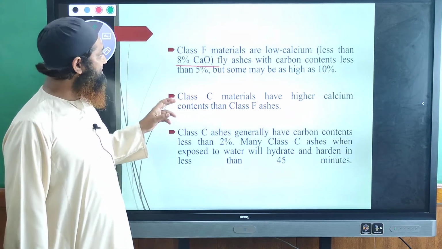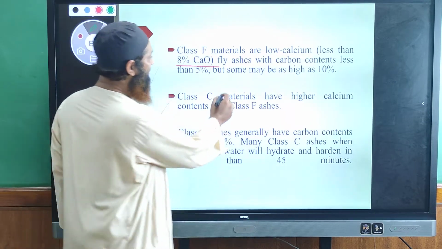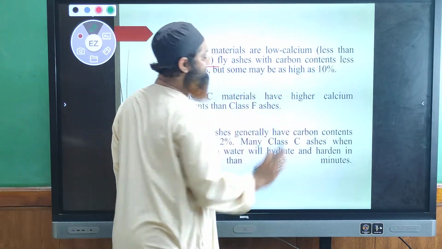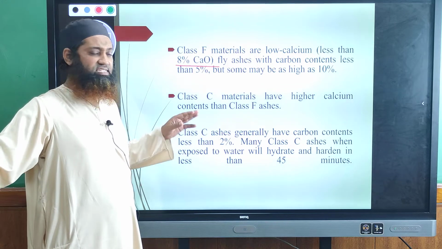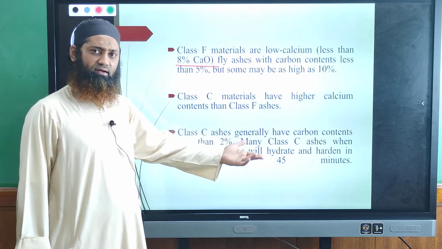So this is class F fly ash. The calcium oxide content is very low. Fly ash with carbon contents less than 5%, but some may be as high as 10% also. So at maximum the calcium oxide content in class F fly ash is as high as 10%, but not greater than 10%.